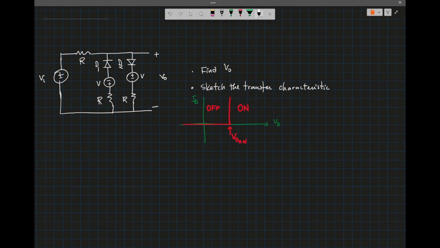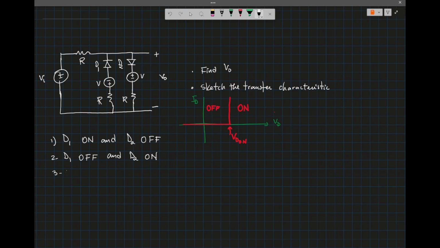We are going to distinguish 4 cases. Case 1, diode D1 is on and D2 is off. Case 2, D1 is off and D2 is on.